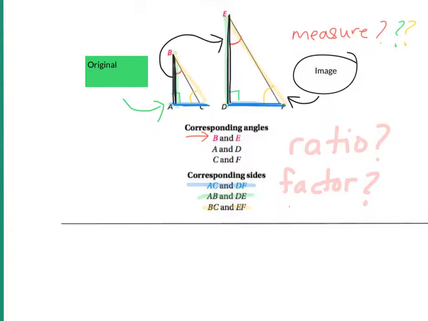Is it double, triple? And then finally, how many times longer is line segment EF than BC? You'll notice they're consistently the same amount of times larger. So right now we're just estimating how much that might be. Is it 1 times larger, 1.5 times larger, 2 times larger, 3 times larger, or so on?